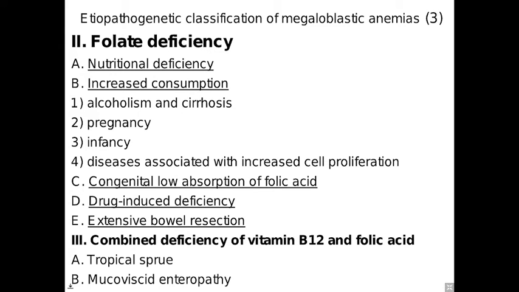Folate deficiency can also lead to similar problems. Usually, in terms of clinical symptoms and laboratory findings, folate deficiency is very similar to B12 deficiency. Or there can, of course, be a combined deficiency of vitamin B12 and folic acid.